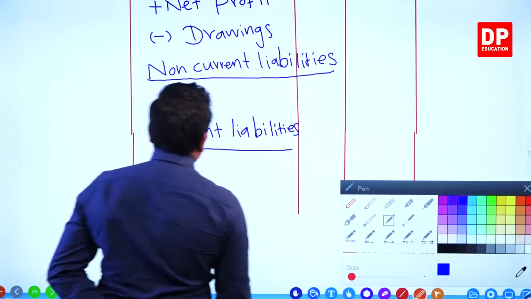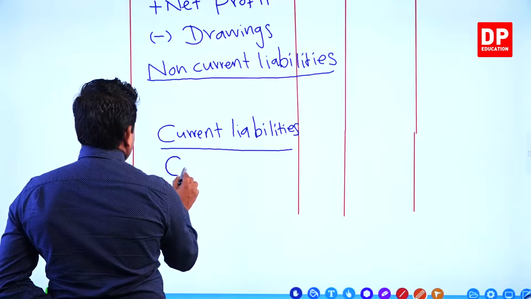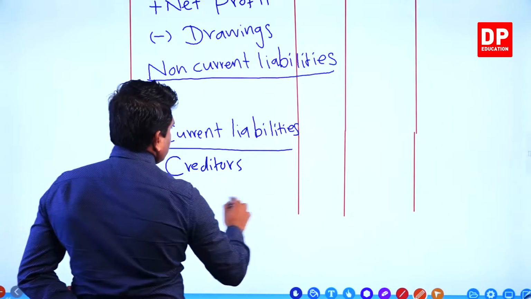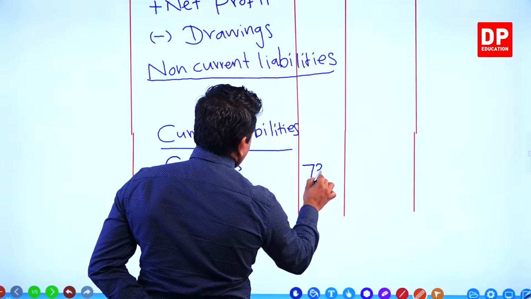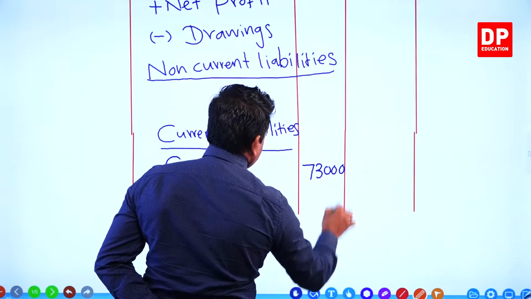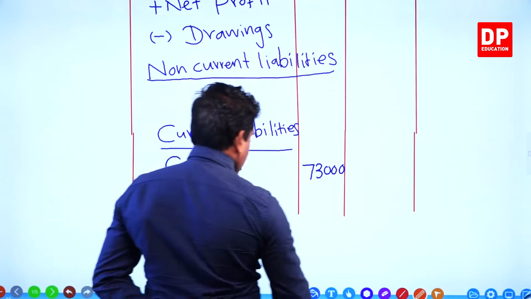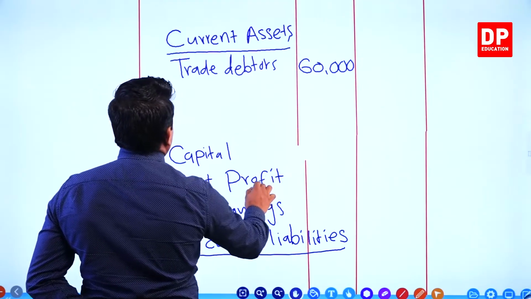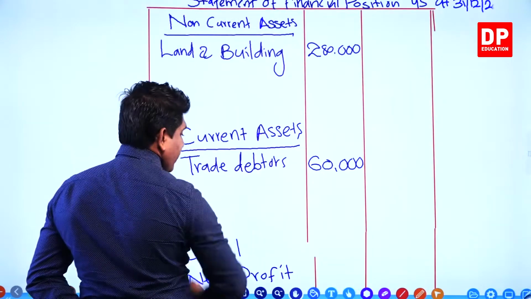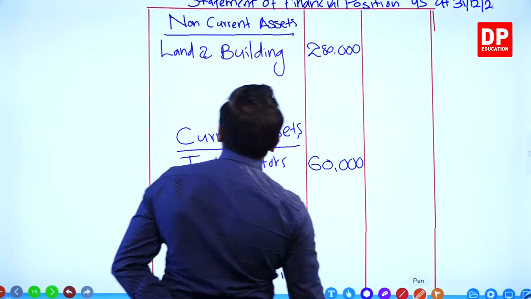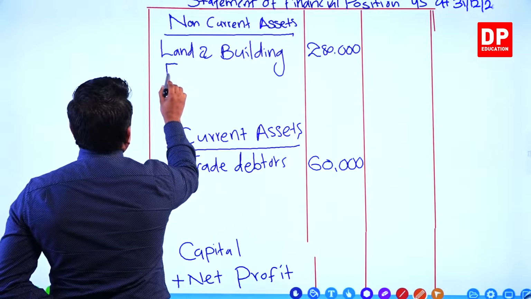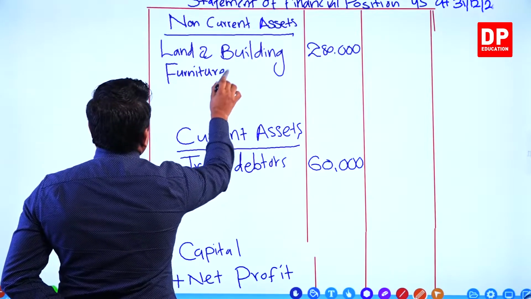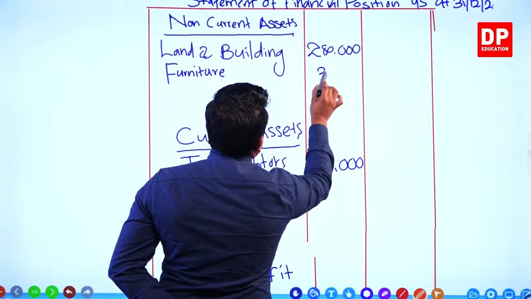Trade creditors 73,000. It means creditors 73,000. Do you remember the furniture value? Furniture they have given 30,000, right? Furniture 30,000. Okay.